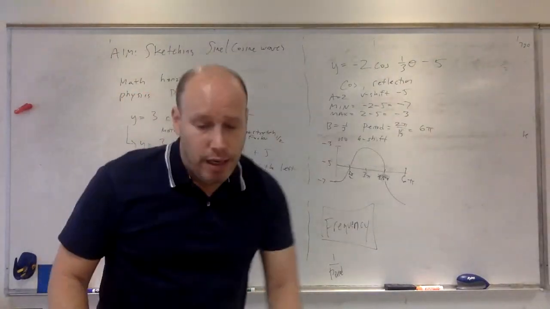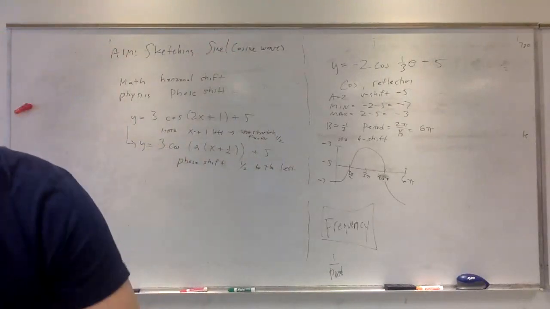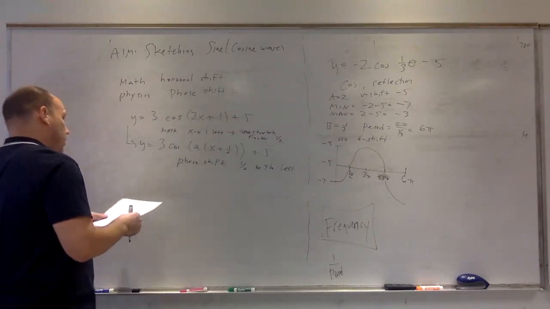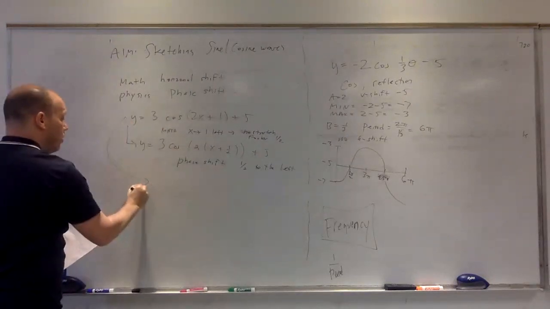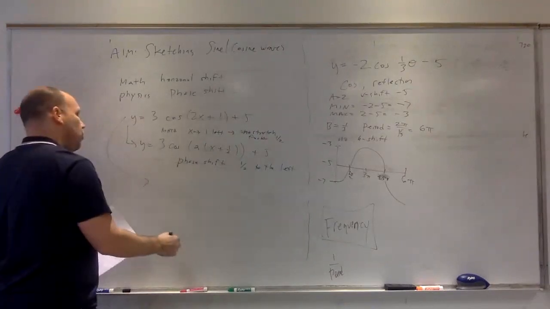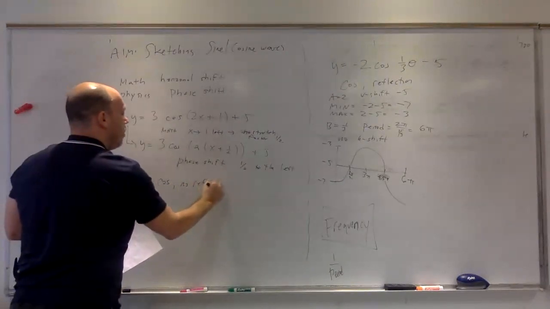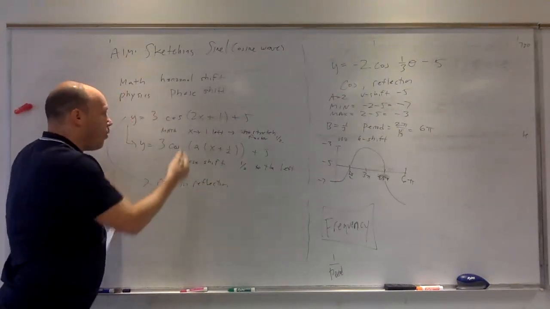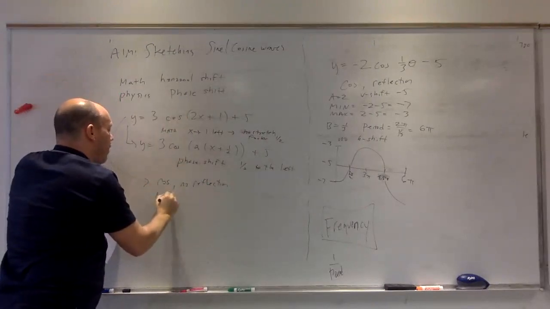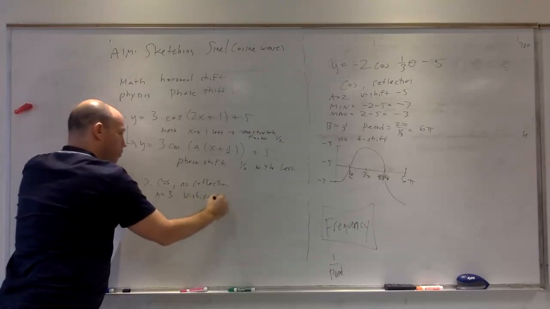And what I would do, or I recommend the students do, is, for example, when they graph this one, you know that it's cosine, no reflection. What's going on here? Well, we know the amplitude is 3, and the vertical shift is 5.